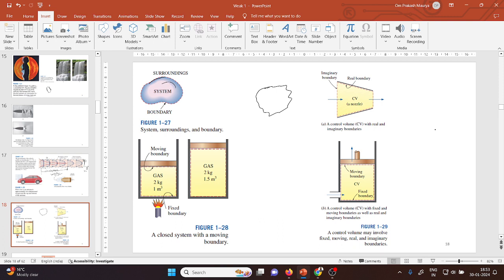And what is the concept behind it, why control volume is applicable in fluid mechanics, and why it is very, very important, we'll discuss later. Your control volume may be fixed, may be moving, both types you can see, with real or imaginary boundary also.